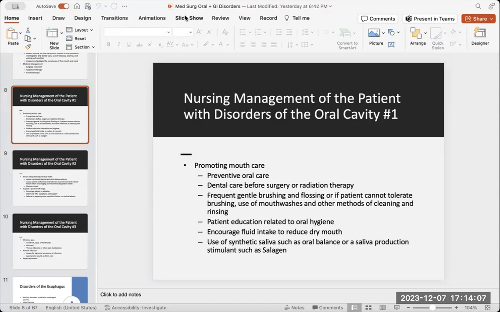If they have a dry mouth, they could drink water or sugarless lozenges. Sugarless because they could have the tooth decay, or they could get saliva stimulants like Saligen to help produce saliva. Remember, they might have difficulty swallowing, and if let's just say they have a surgery of the tongue and that removes, that could reduce salivation, and we need to salivate to help get our food down. So that's really, really important.